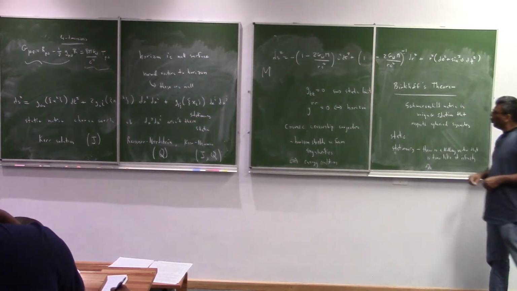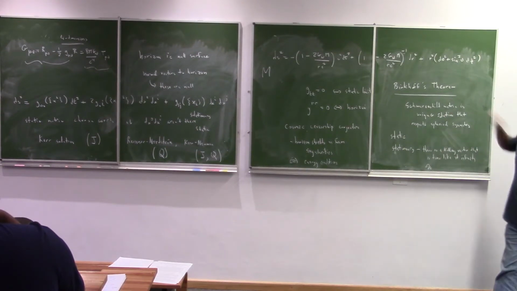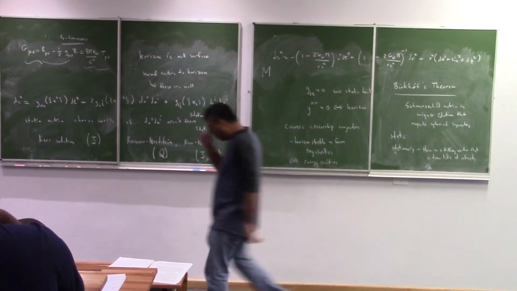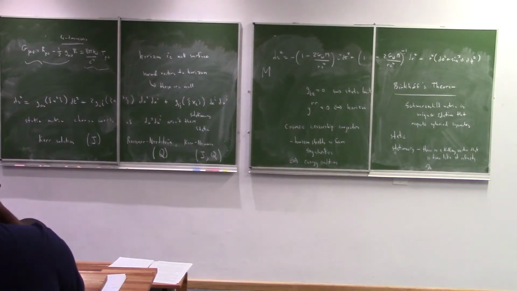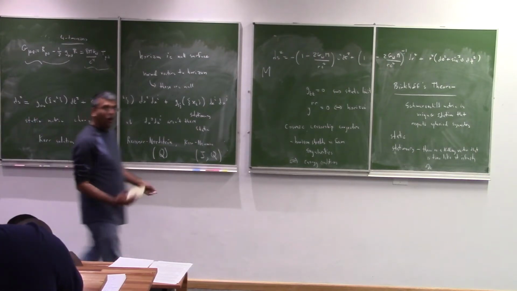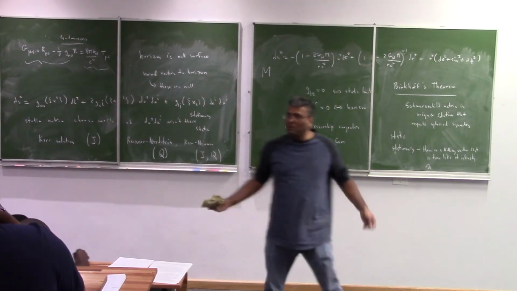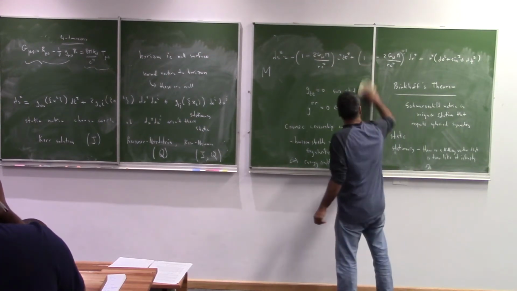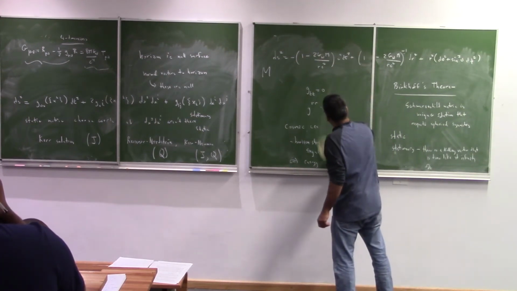So we can make Birkhoff's theorem into a stronger statement. John Wheeler made this statement, which he poetically called the no-hair theorem. The claim is black holes have no hair. So what that means is the following.